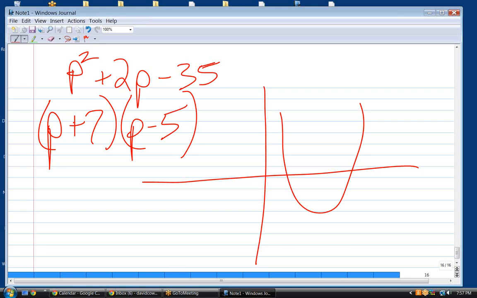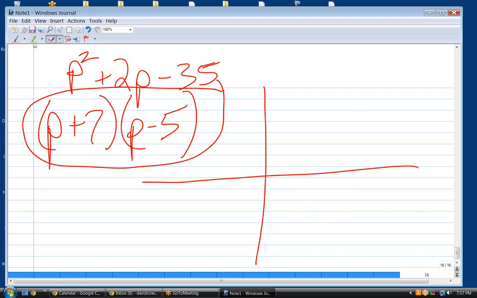Well, when I have a quadratic in that mode, that's telling me where my zeros are. My zeros are minus 7 and plus 5, right? So instantly, that tells me that my function has to go through minus 7 and plus 5, which means I know it opens up, so I know that parabola looks like that.